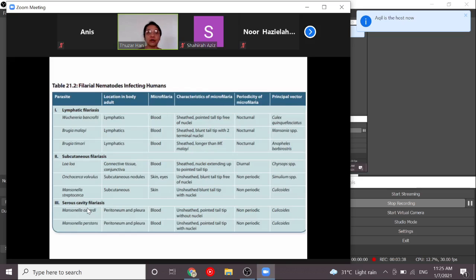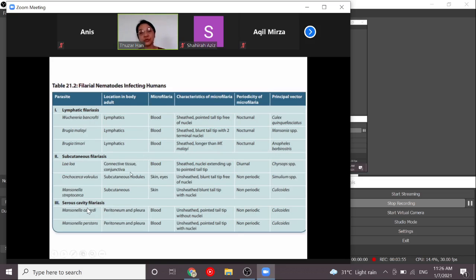So this is for lymphatic filariasis. In case of Loa loa, microfilaria can also be found in the blood. But the adult worms live in the connective tissue, skin connective tissue and conjunctiva.